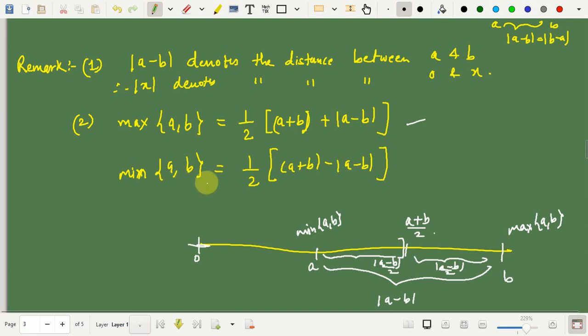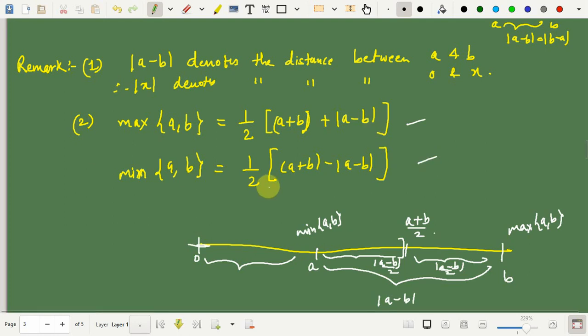So, the minimum of a comma b would be the same as, in terms of a plus b by 2, a plus b by 2 minus this distance mod of a minus b by 2, because we want this distance. So, it would be simply this minus this, and so we have this. I have taken one case; this can be generalized even if a and b are lying to the left of this, and we have this as the observation.